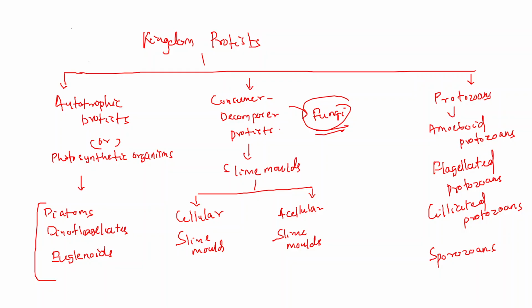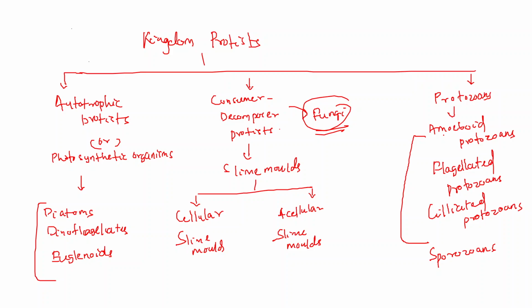And protozoans are divided into these four groups: amoeboid protozoans, flagellated protozoans, ciliated protozoans, and sporozoans. Those which come under amoeboid protozoans locomote through amoeba-like structures, meaning they locomote through pseudopodia.